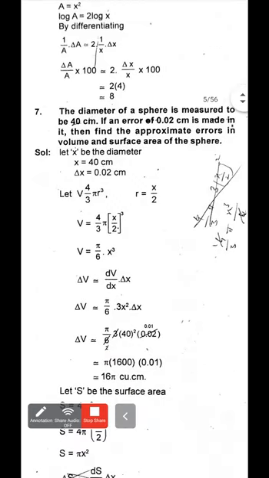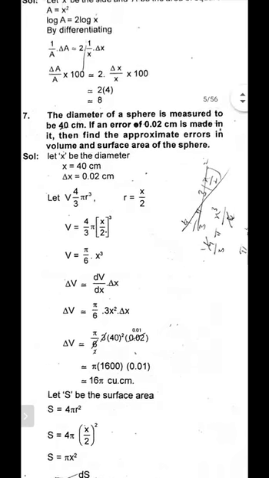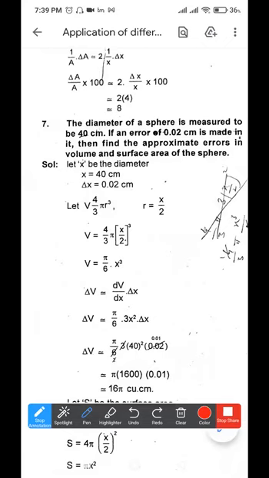Change in volume is equal to delta V is equal to dV by dx into delta x. Instead of dV by dx, we are substituting the differentiation of V. Pi by 6 is a constant number, so it will be the same, but differentiation of x cube will be 3x square.